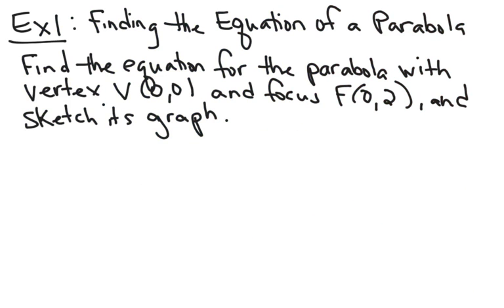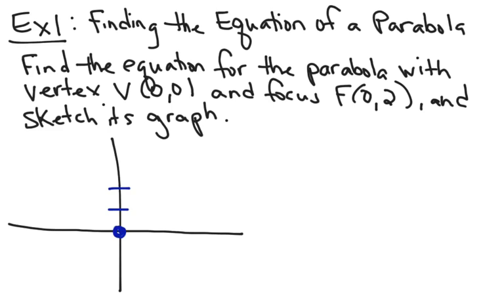Let's do an example. Let's find the equation of a parabola. Find the equation for the parabola with the vertex V at (0, 0) and focus F at (0, 2) and sketch its graph. Well, let's start by sketching its graph. If I sketch its graph, it's going to look like this. The vertex is going to be (0, 0).